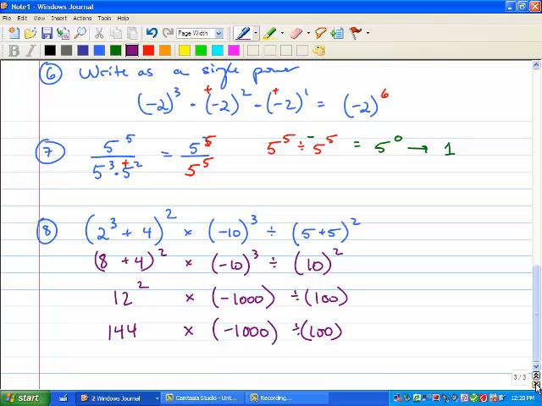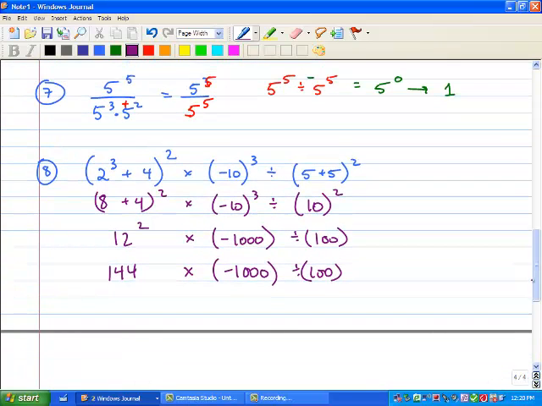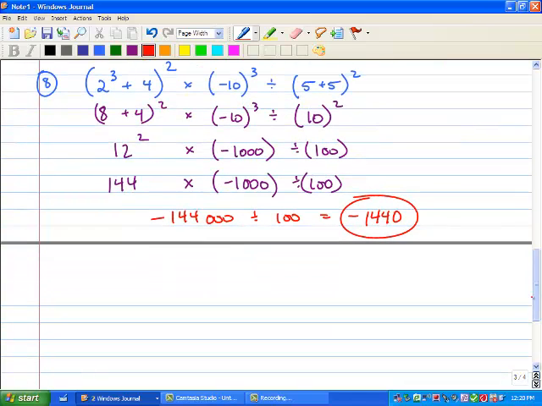Now we're going to go left to right and do our multiplication and division. So 144 times negative 1,000, and we get negative 144,000. And we're going to divide that by 100 to get negative 1,440.